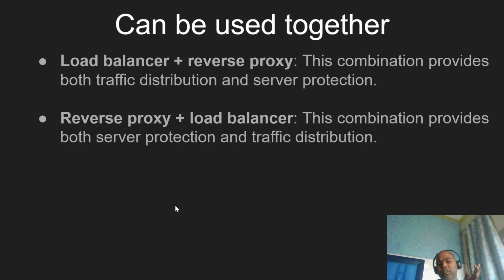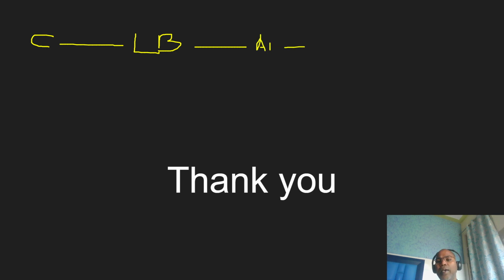In many system designs you can find your requests come to the load balancer, then the API gateway, then go to the business server. So it depends upon your design. You can choose: our client request goes to the load balancer, the load balancer distributes to the API gateway, and the API gateway then sends the request to the respective server.